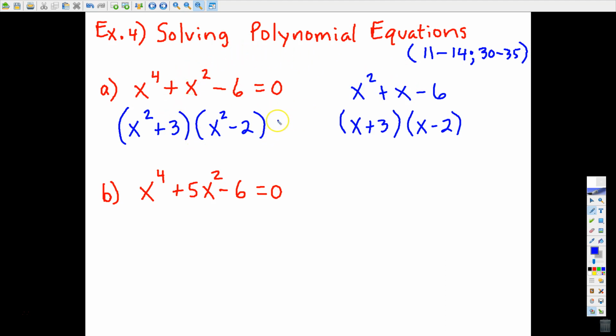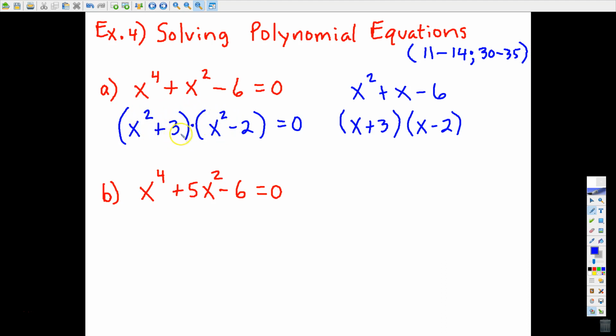Now we're not done. Remember, our job is to find the 4 solutions for x. It's the factoring, however, that will help us get to the solutions quickly and easily. I'm going to take each of these factors. I'm multiplying 2 binomials together.